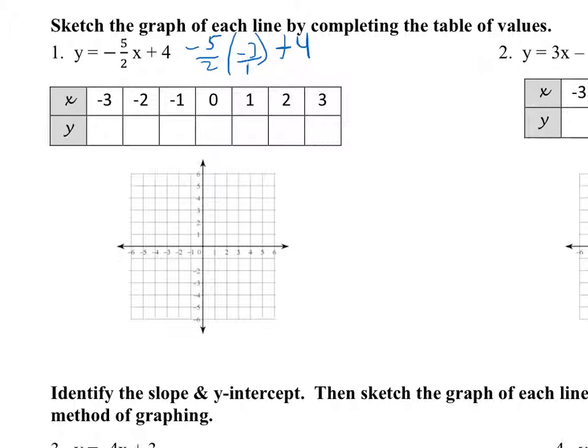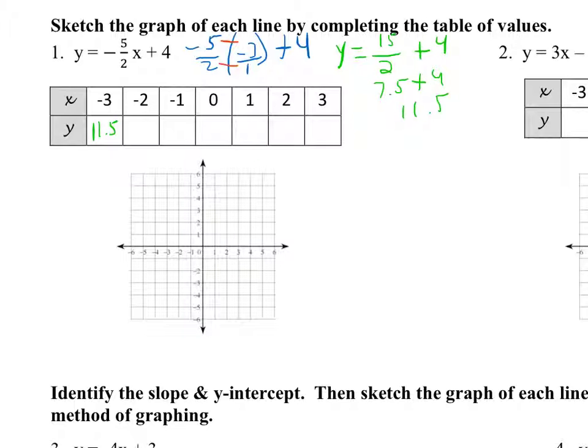Now this is -3 over 1, so when we multiply fractions, it is top times top, bottom times bottom, which would give us a new equation of y equals 15 over 2 plus 4. And 15 over 2 is the same as 7.5 plus 4. Add that together, 7, 8, 9, 10, 11, we get 11.5.